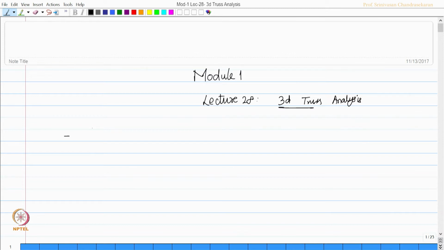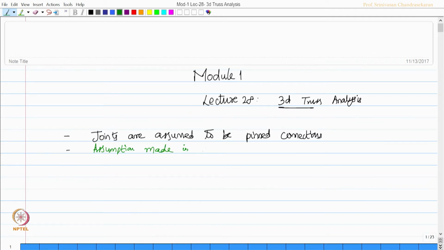Generally, we have some valid assumptions that we made in the 2D analysis of truss structures, that is, joints are assumed to be pinned joints, pinned connections, which is one of the basic assumptions that we made in analysis of planar frames.